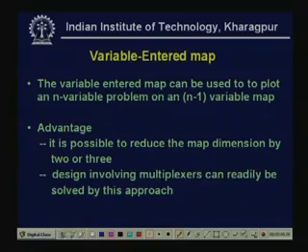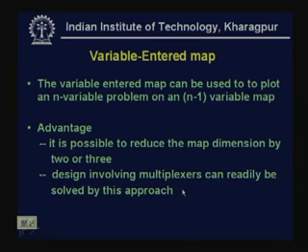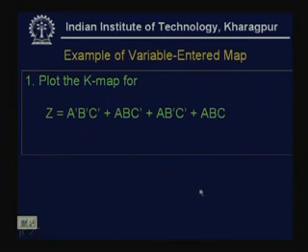So, now we see what we mean by it, or how it differs from the normal K-map. We take one example. Plot the K-map for Z equal to A' B' C' plus A B C' plus A B' C' plus A B C.